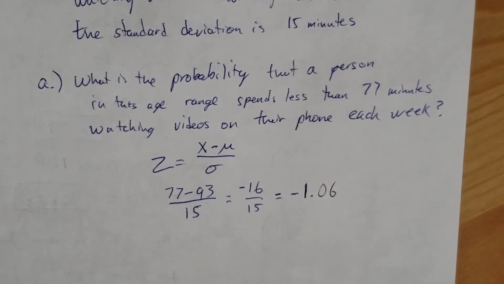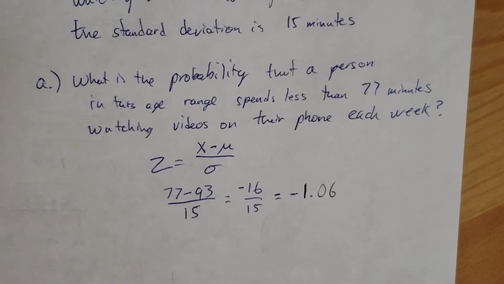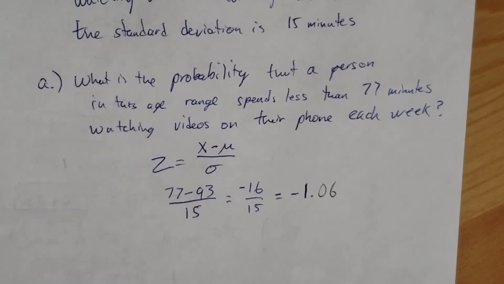Okay. Now, how might we deal with that? We don't have negative values on this table. I'm just kidding, we do have negative values on that table. That is on the previous page, 739. So if you go to negative 1.0, and you go up to negative 1.06 here, it says, okay, found it.